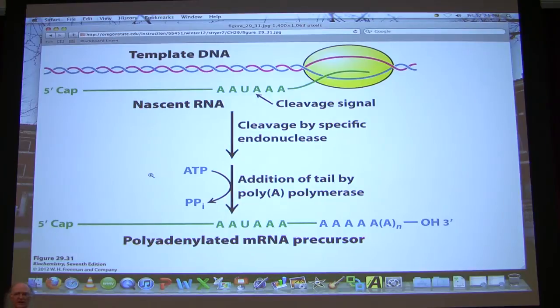The length of the poly-A tail helps play a role in determining how long a given messenger RNA exists in a eukaryotic cell. The longer the poly-A, the longer it'll be around. The shorter the poly-A, the less time it'll be around. We don't see either of these modifications, either the cap or the poly-A, in prokaryotic cells.